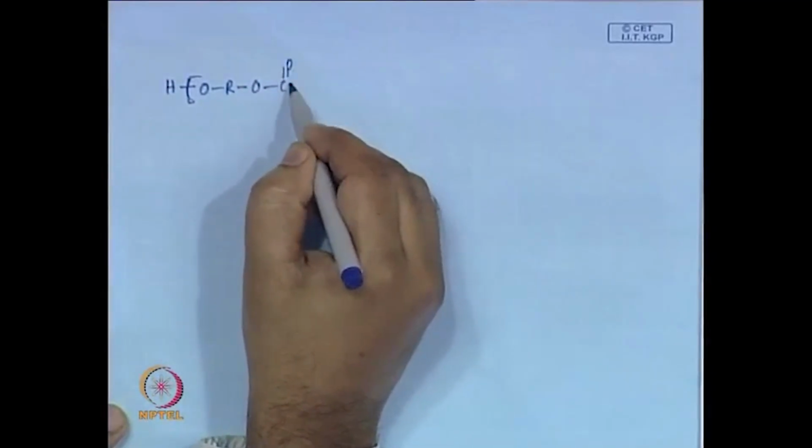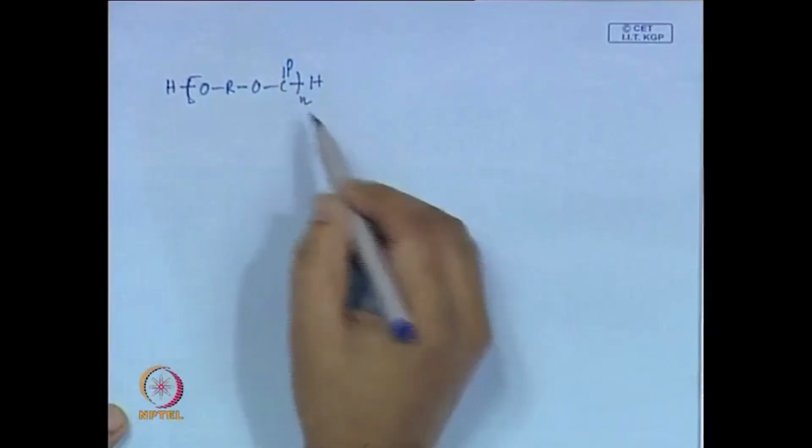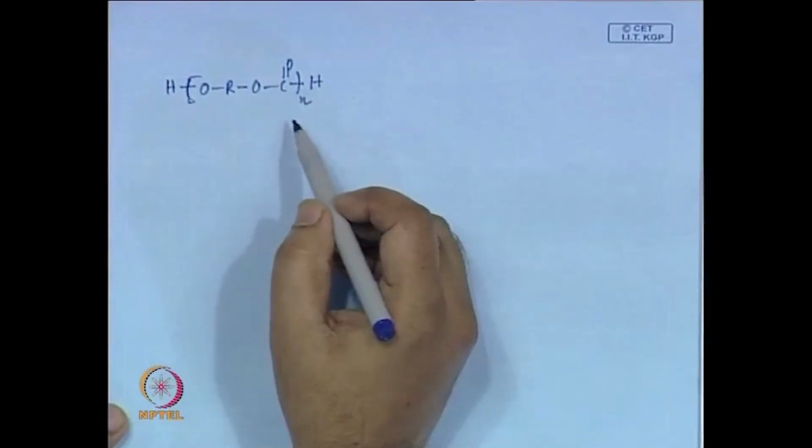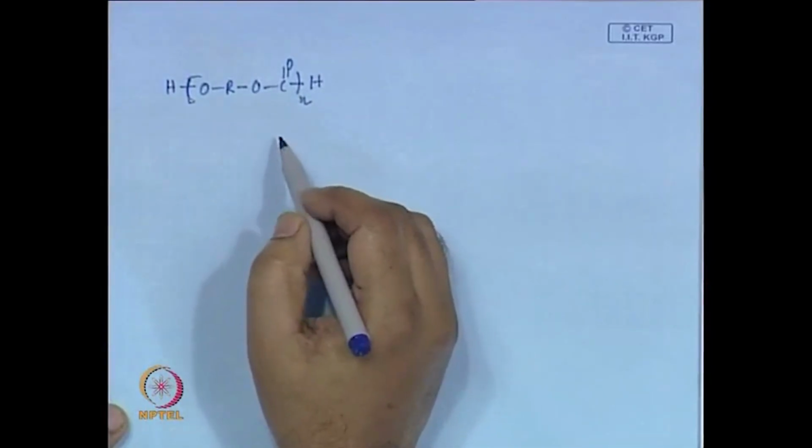Say you have an oligomer or a polymer chain of hydroxy carboxylic acid, which is a polyester.